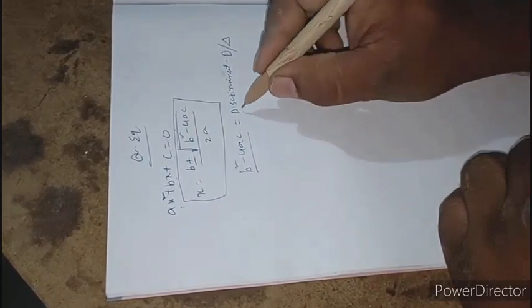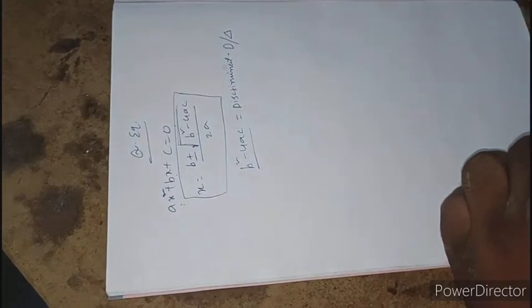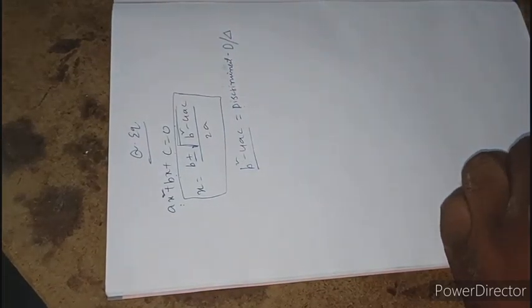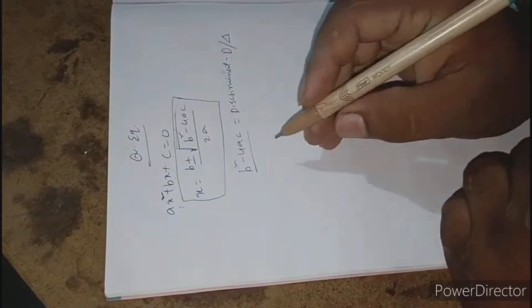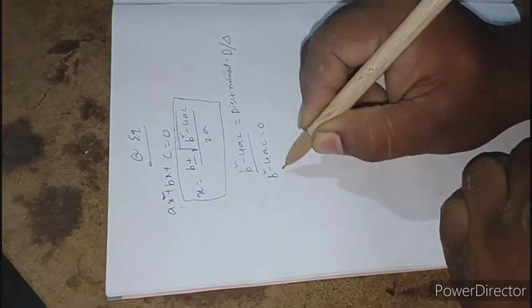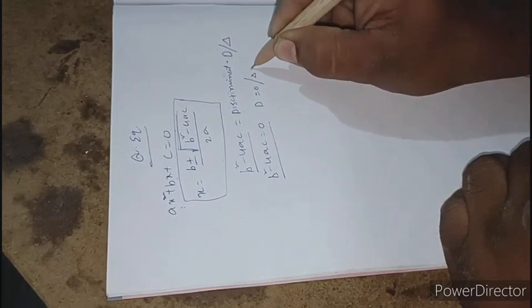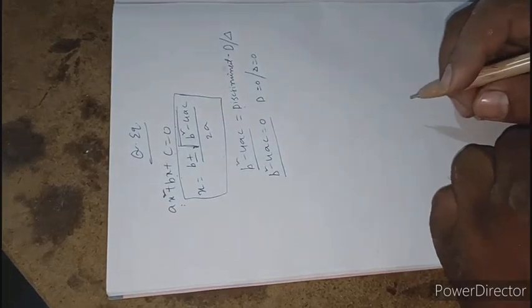Based on the condition of the discriminant, the nature of the roots will be determined. If b square minus 4ac is equal to 0, which means D equals 0 or delta equals 0, these are several conditions.